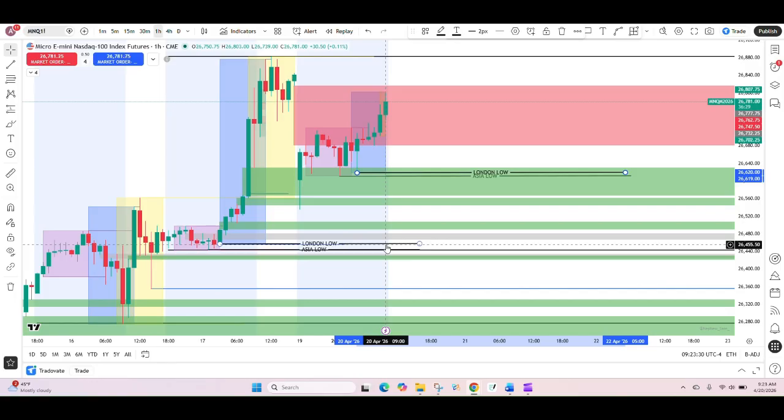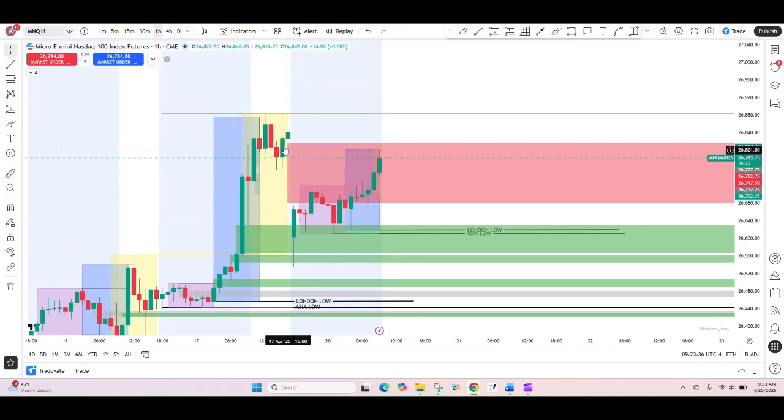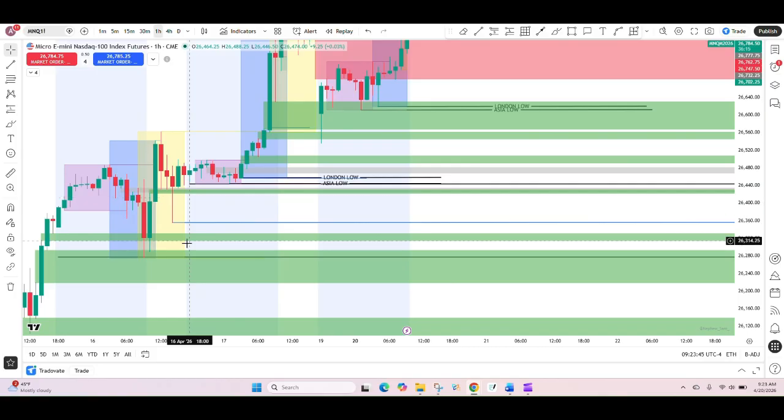What else do we have? We have New York lows already taken out by this candle. New York high is still intact. I already have that marked out. The London high was taken out by the New York candle. That New York low is still intact.